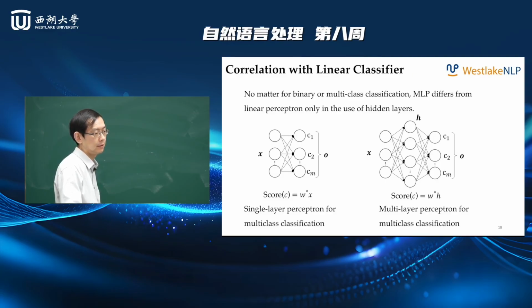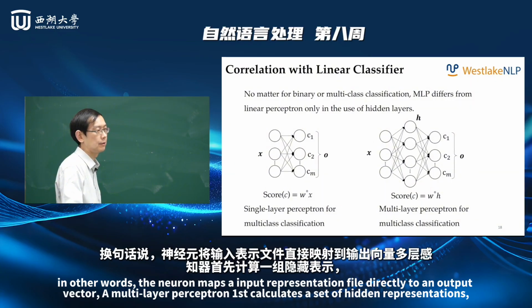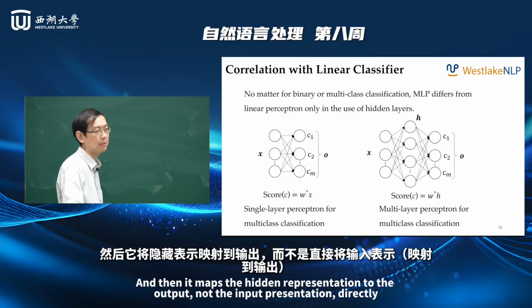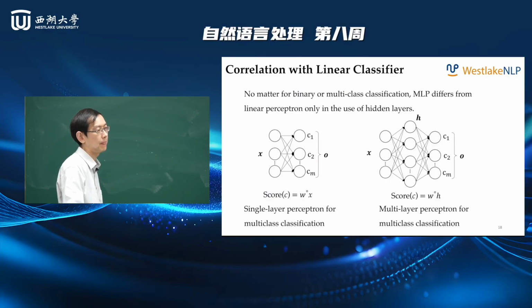So in other words, the neuron maps an input representation phi directly to an output vector. But multi-layer perceptron first calculates a set of hidden representations, right? And then it maps the hidden representation to the output, not the input representation directly.